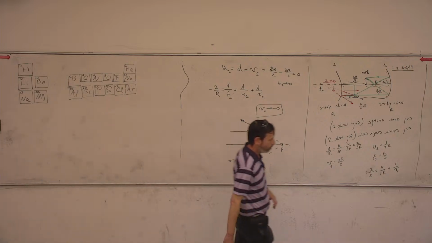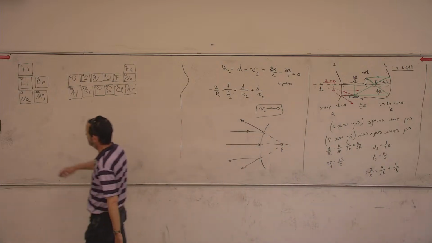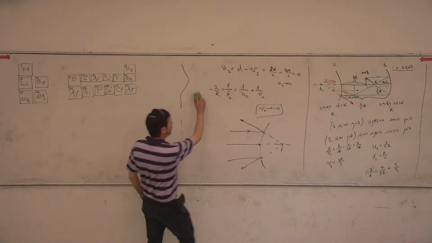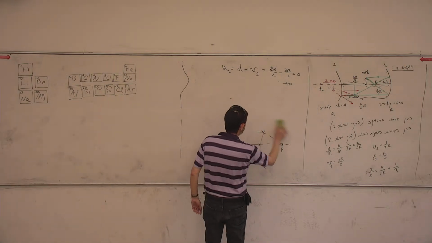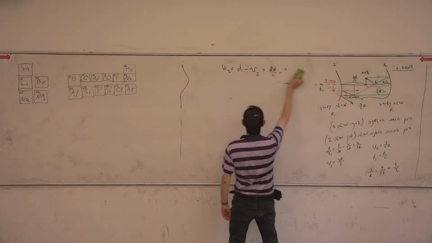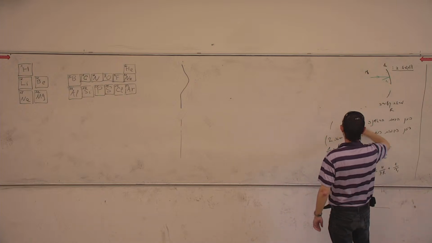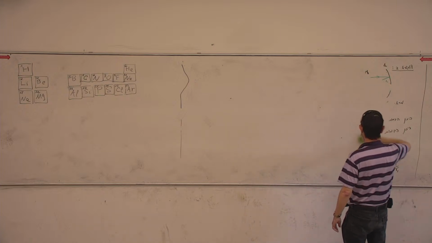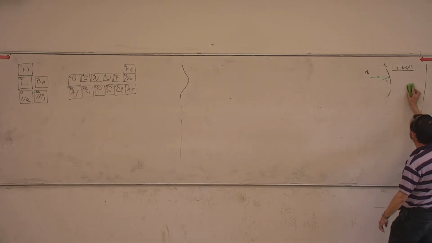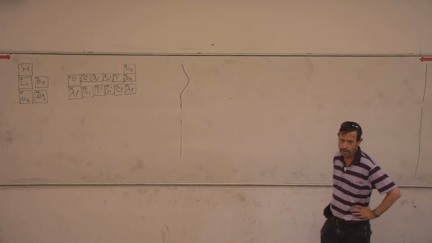And I asked it to appear on the whiteboard for the simple reason that I want to annotate a few things here. Okay, so we had two different conventions of calculating when a peak will appear in the scattering of X-rays.